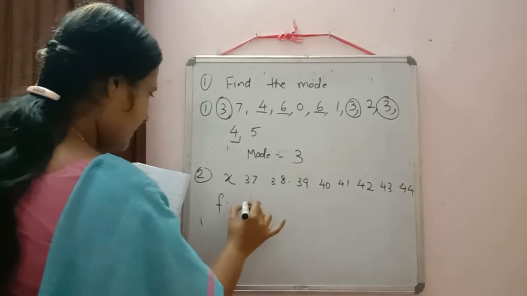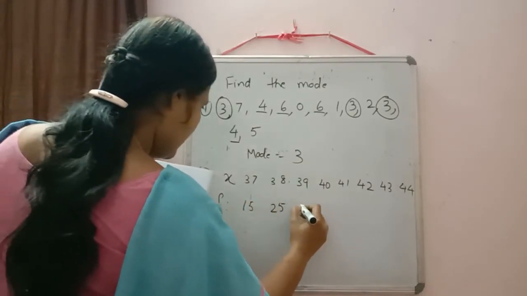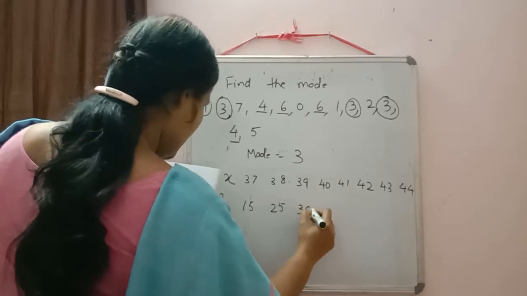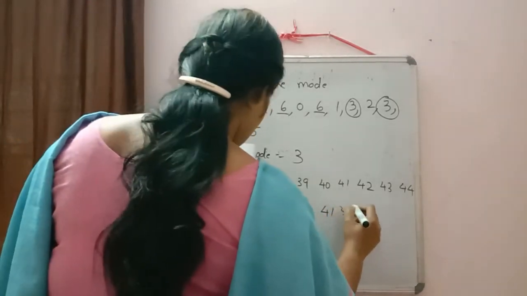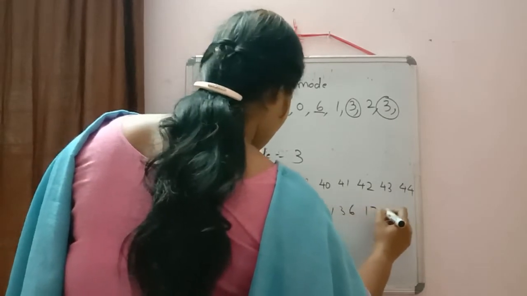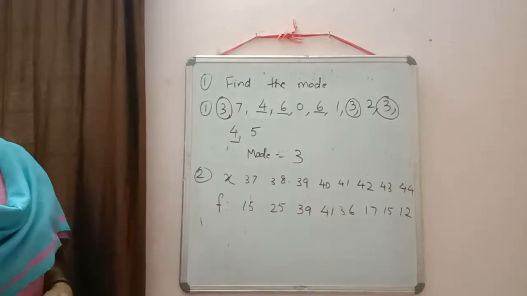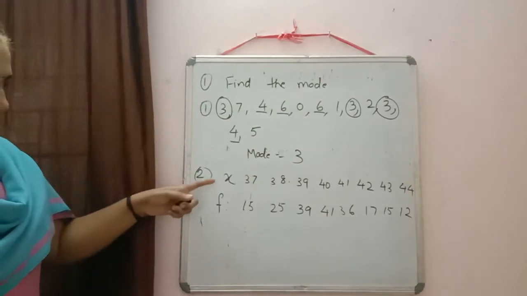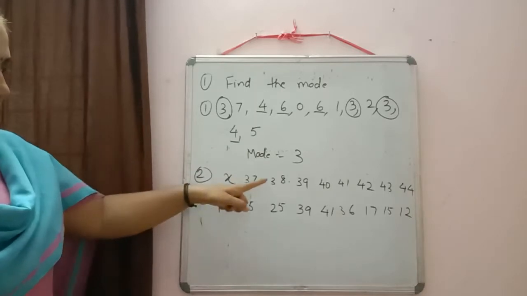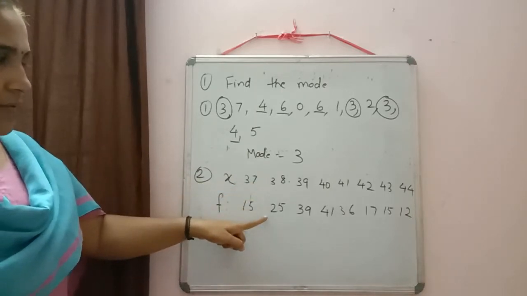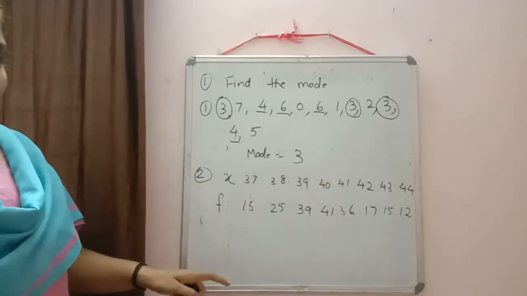Now 37 is repeated 15 times, then 38, 25 times, 39, 40 times, then 41, 36, 17, 15, 12. If it is given in this way, you can check again. The number 37 is repeated 15 times, 38 is repeated 25 times. So which number is repeated the maximum number of times?